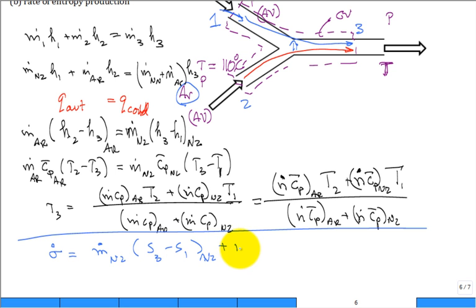And we're going to add to it the mass flow rate of the argon times the specific entropy going out of the argon, that's S3 of the argon, minus S2 of the argon. Does that equation look good to you?